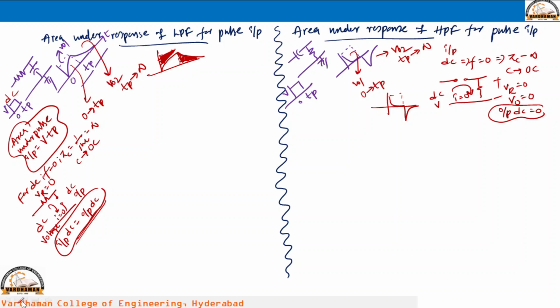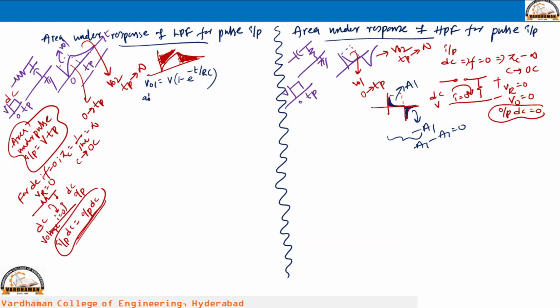Whatever the portion available in this area, this is above the x axis, same area will be available below the x axis, but below the x axis is nothing but negative area. If this area is A1, this area should be minus A1. So, total area is equal to 0. This is what we have to prove now according to the equations. Okay. So, V01 is equal to, we can write the exponentially increasing equation. So, V into 1 minus e power minus t by RC.